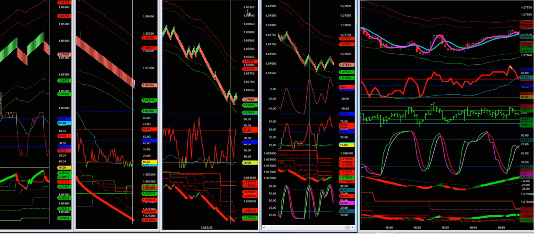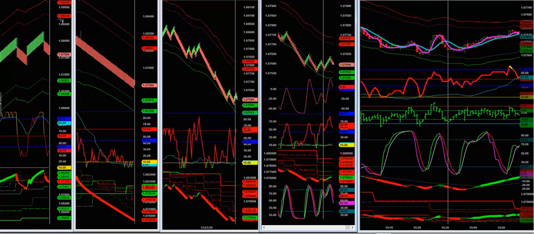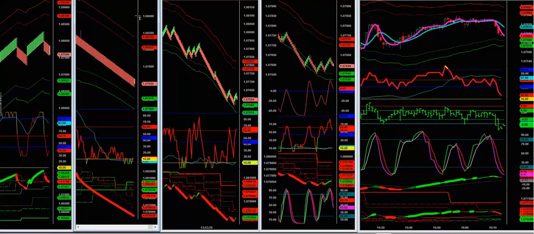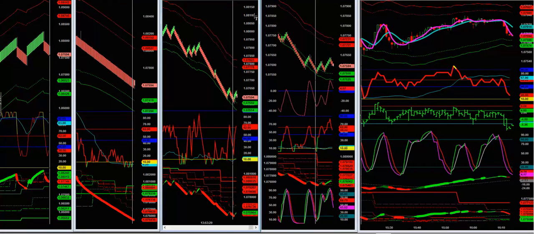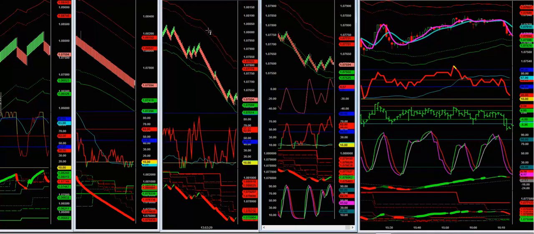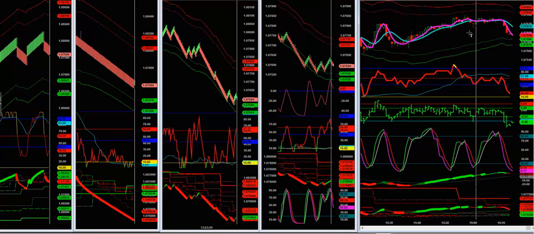So this cycle, the next cycle, this is all in sequence. Slowest, a little faster than this one. So each chart is faster than the one on the left. So this is the slowest. This is faster compared to the chart on the left, and this is 1 minute chart.